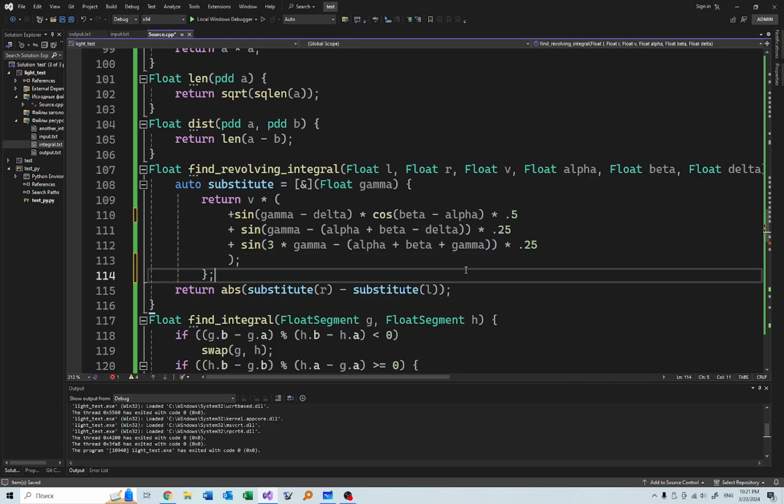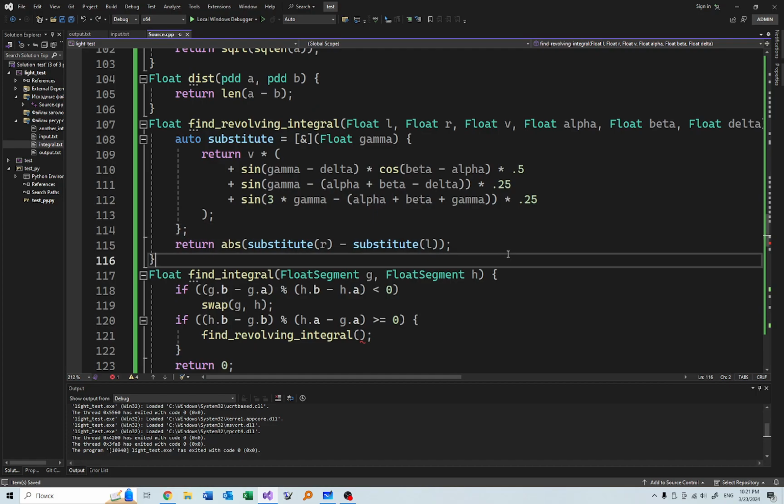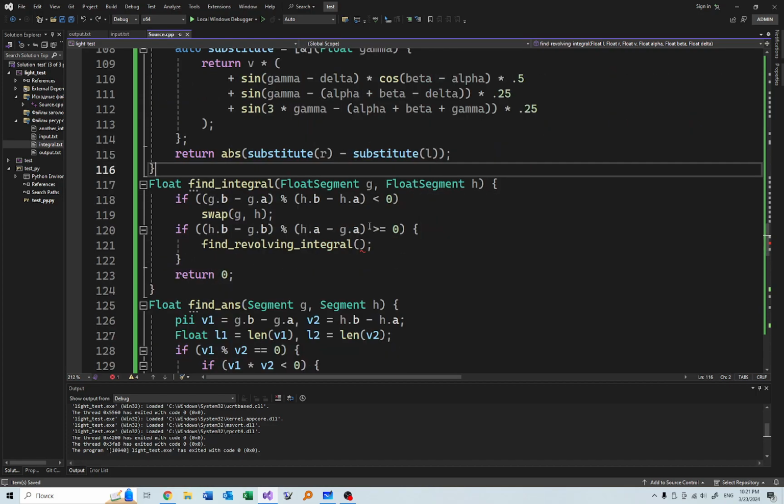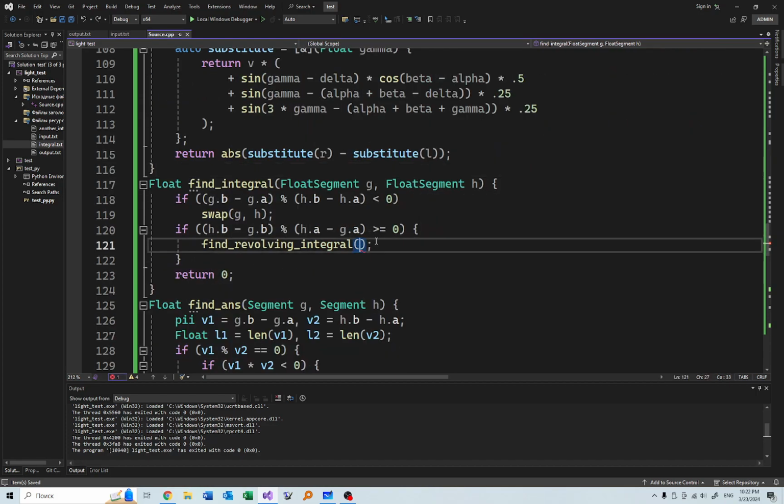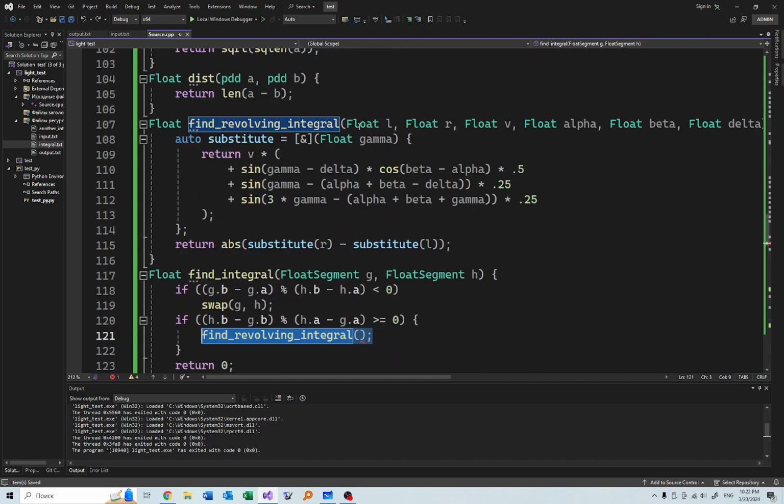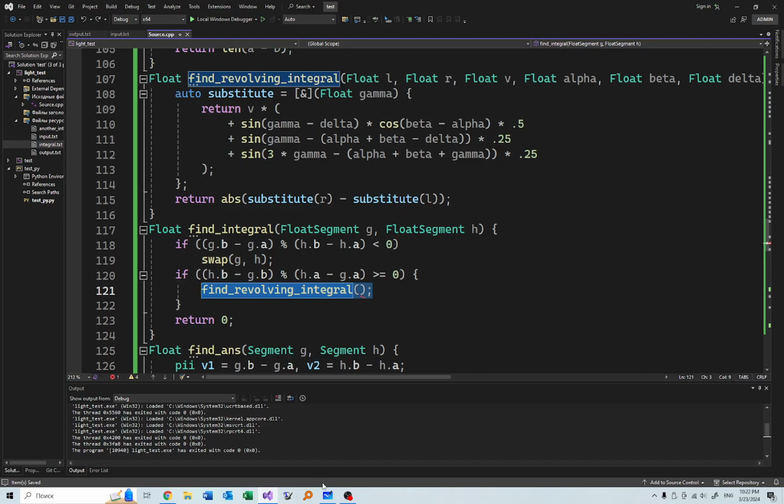Okay. Great. We have found the revolving integral. Now we only need to substitute the right numbers here, because there are a lot of numbers. Let's start.